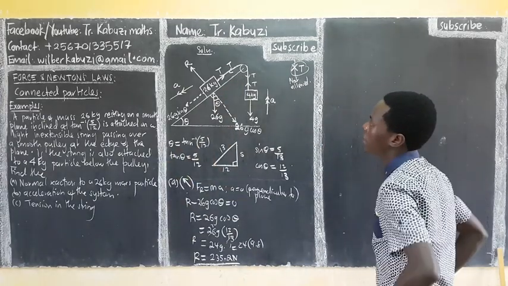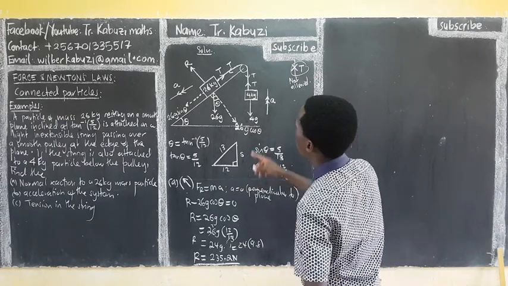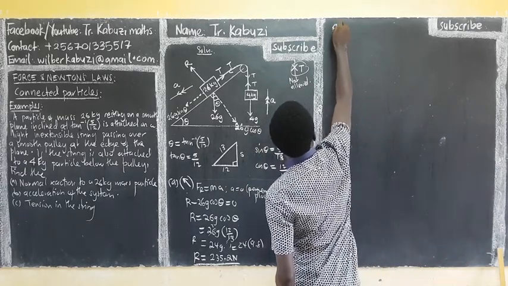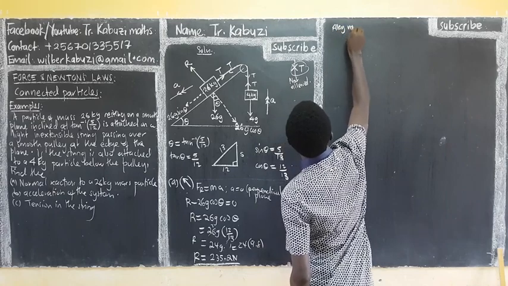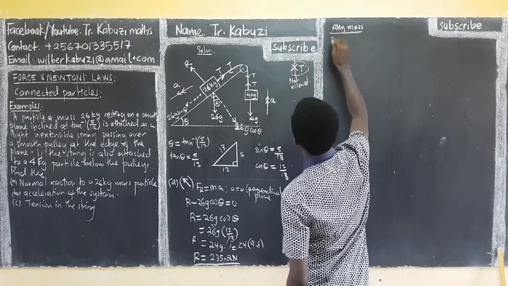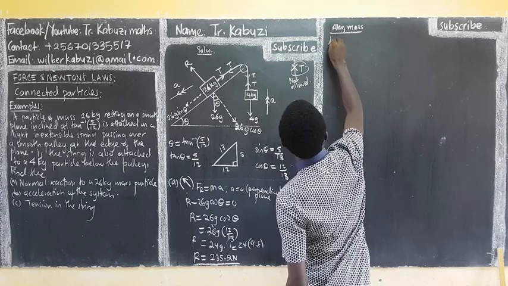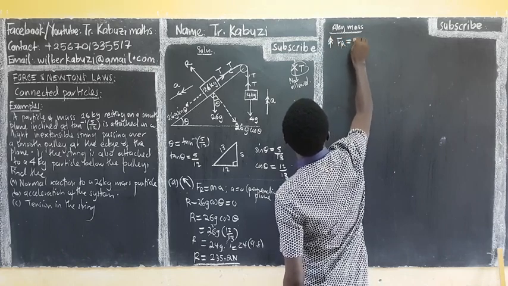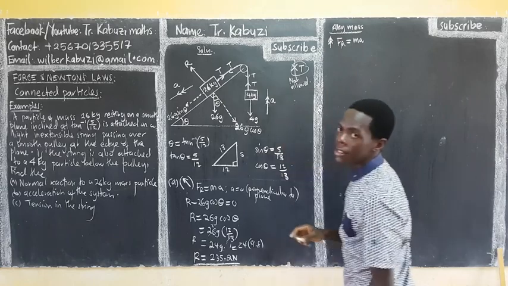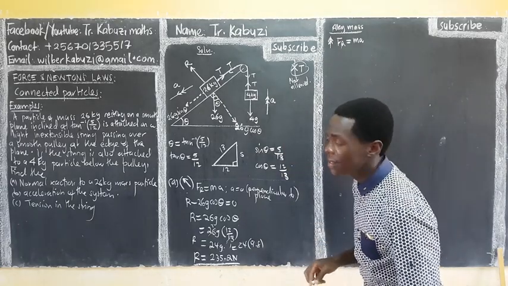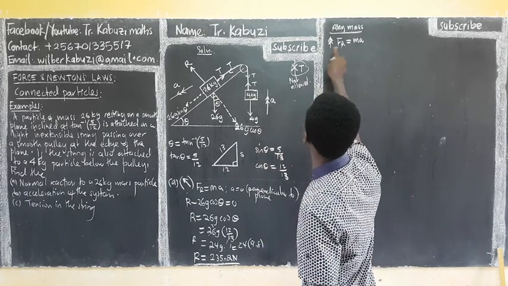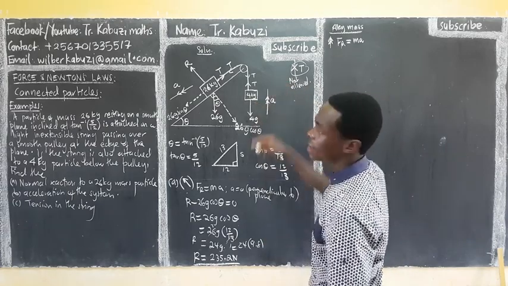Now, the acceleration, let us start with the 4 kilogram mass. For the 4 kilogram mass, our acceleration is going upwards. Remember we said the resultant force is acting in the same direction as the acceleration. The force that is causing acceleration to this particle is acting in the same direction.